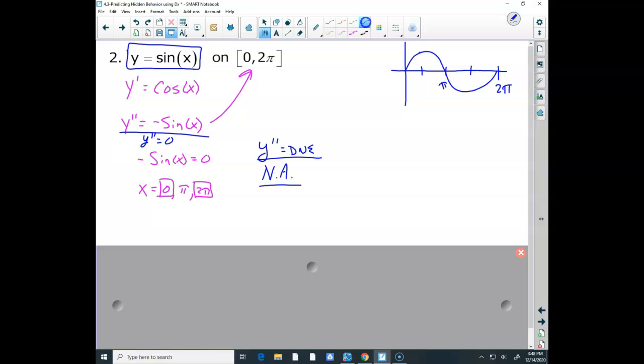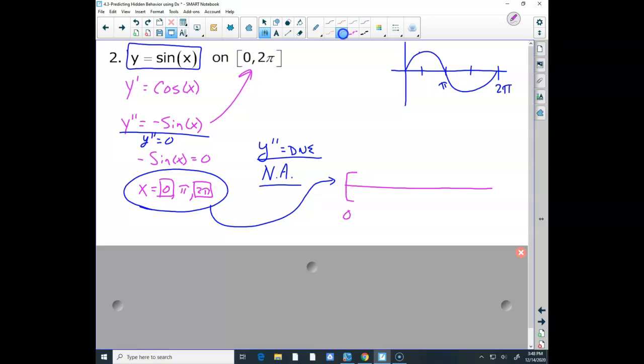It's a continuous wave with infinite numbers of maximums and minimums. These are my critical second derivative points. So what I will do is make myself a critical second derivative line where my left is 0, my right is 2 pi, and I have another critical value here of pi in the middle of it, right?